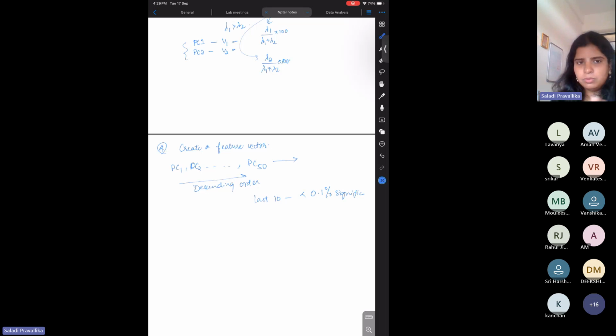Once we remove those, whatever we want to retain, we form a matrix of vectors, and that is what we call a feature vector. The feature vector is simply a matrix whose columns are the vectors of the components that we decide to keep.